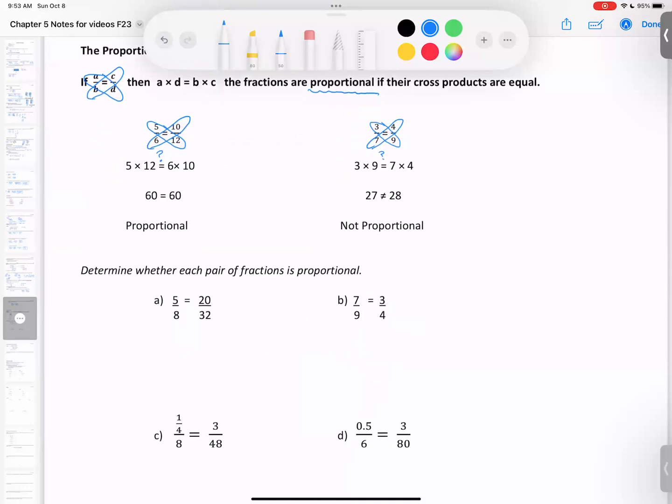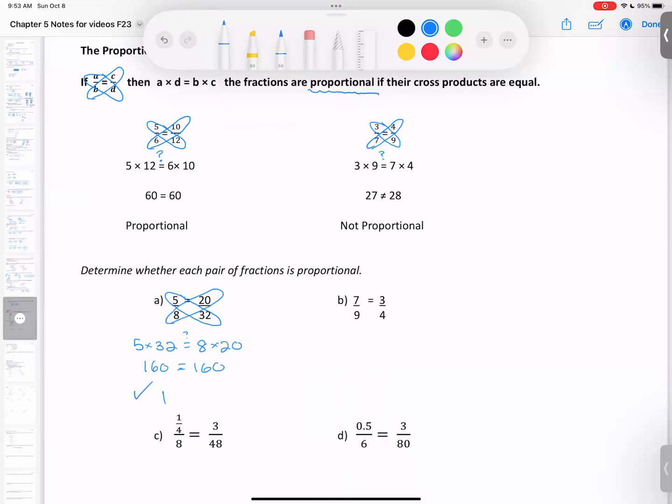Let's determine whether the following are proportional. We're going to do the cross product method here. Does 5 times 32 equal 8 times 20? 5 times 32 gives us 160 on the left, and we will also get 160 on the right.